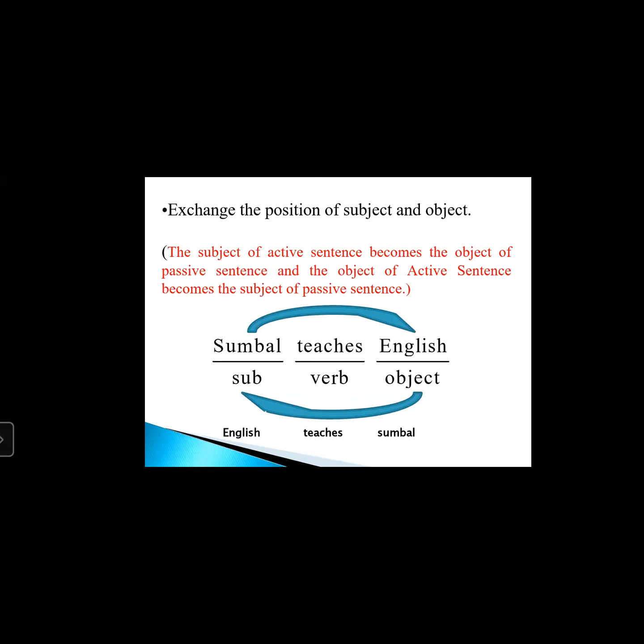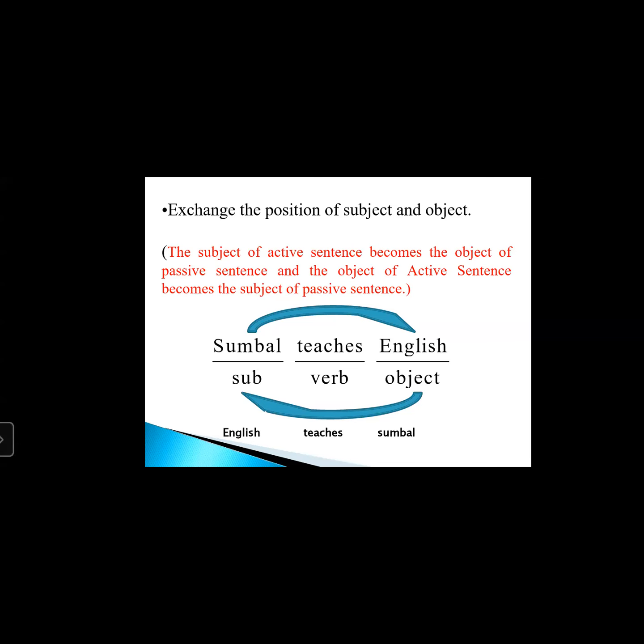Here the subject becomes object and object becomes subject in simple words. But when an active subject becomes the passive object, it does not mean that from being the doer of the action it starts receiving the action. No, it is the doer of action not only in the active sentence, but also in the passive sentence.